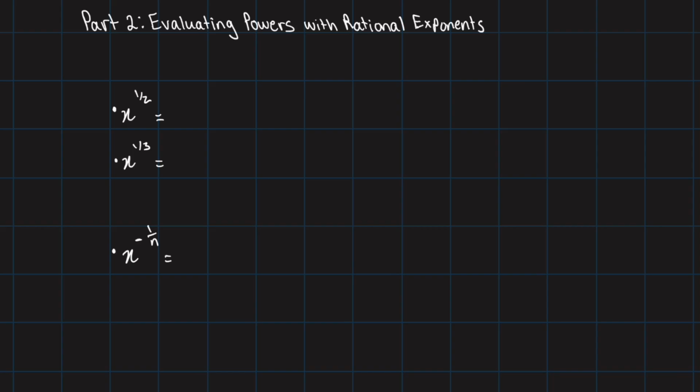And in a way, it's kind of true, because when you have a fraction as an exponent, that's where radicals are involved. When you have x to the 1/2, that actually means square root. That means the square root of x to the power of 1. Okay, so similarly, x to the 1/3, or x to the power of 1 over 3, that means cube root of x to the power of 1.